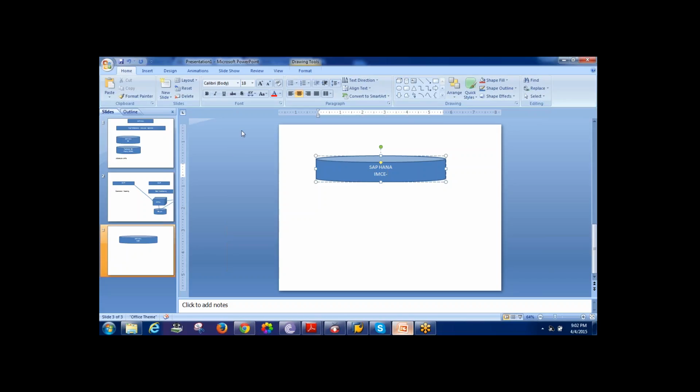SAP HANA is not the first in-memory tool provided by SAP. The first in-memory tool provided by SAP is SAP BWA, which we have discussed. SAP had already created a tool called SAP BWA, the accelerator tool.